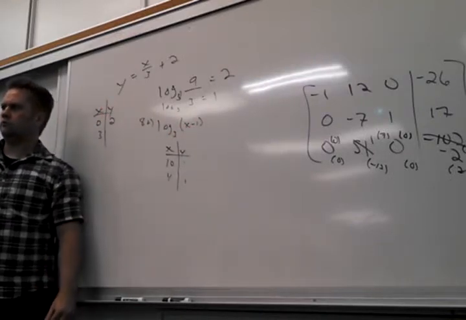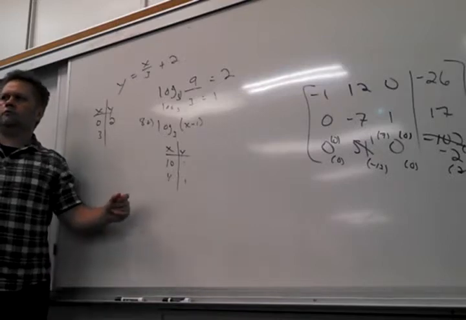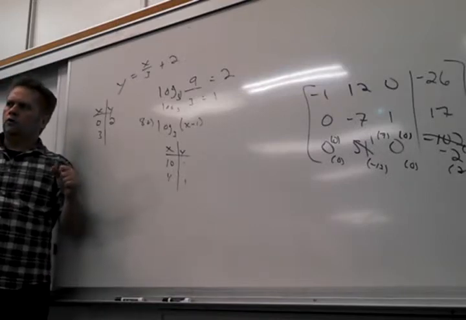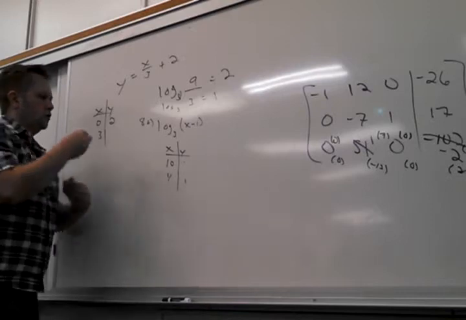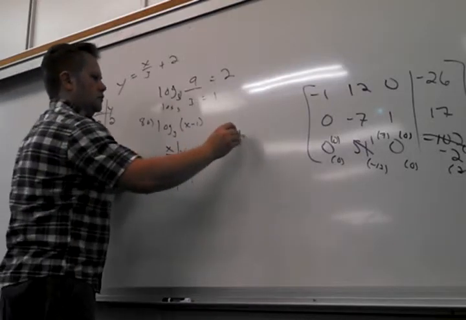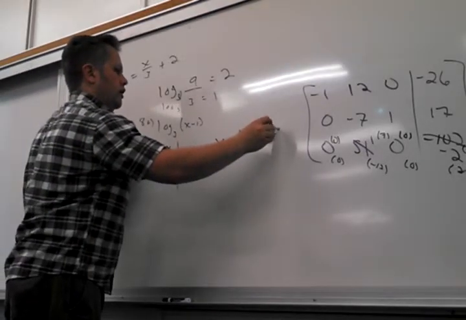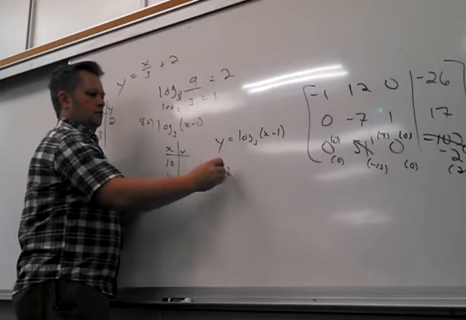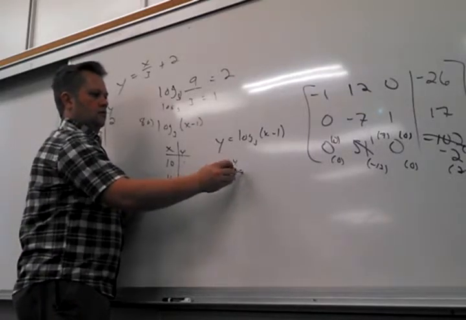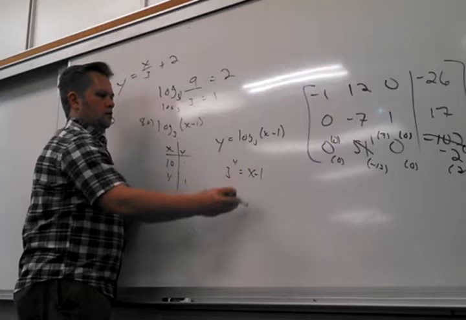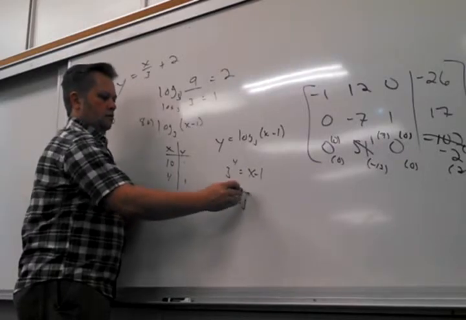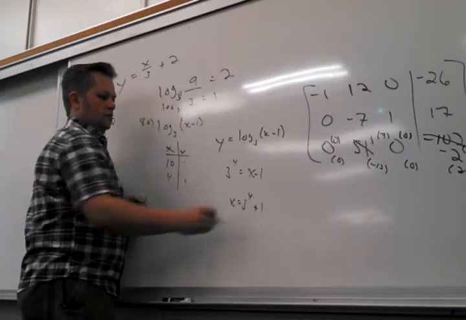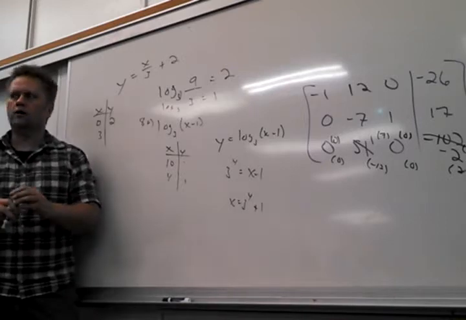Cool. Yes, ma'am. For that one, could you just rewrite it into the exponential form? So let's see. You could. So you have this, and then how do you rewrite that? So you would get 3 to the power y equals x minus 1, and then plus the 1, and then you get x equals. All right.